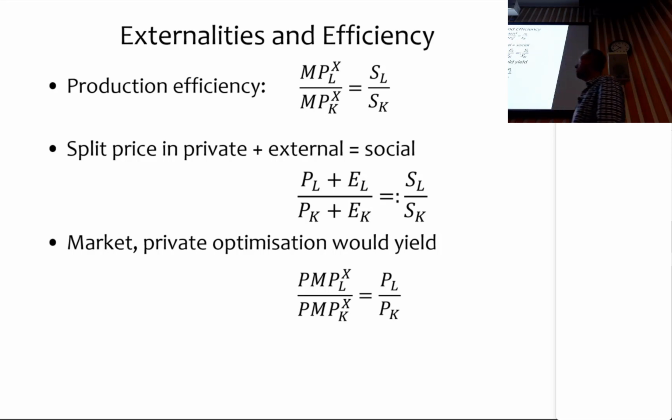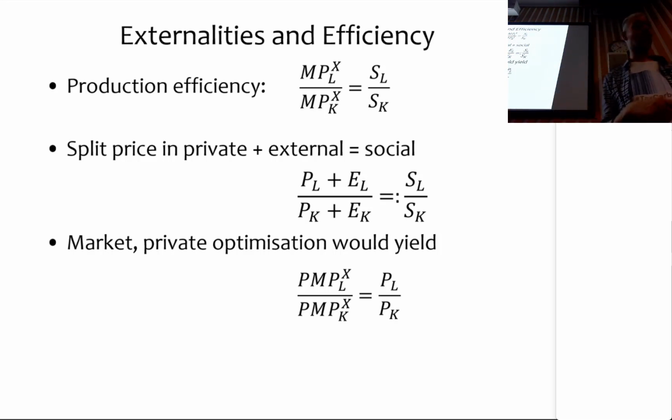So production efficiency says that the marginal production of good X in labor, so how much X you get if you put in a little bit more labor, over how much X you get if you put in a little bit more capital, right?